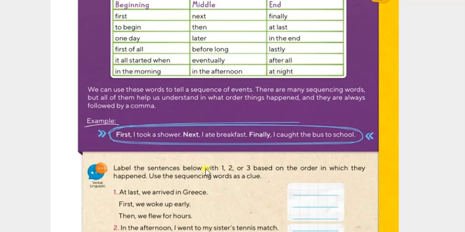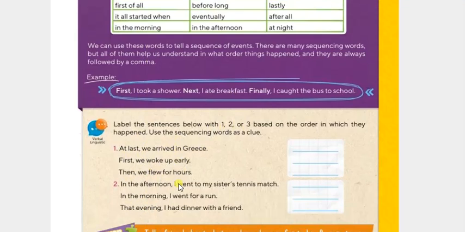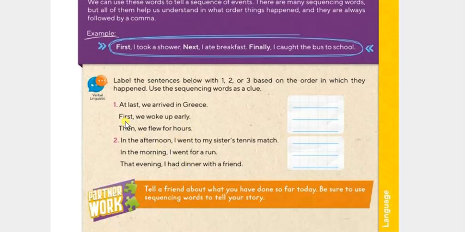So we have to put these sentences in the correct order, and our clues are the words that we are going to use. Check here. Number 1, it says, at last we arrived in Greece. First, we woke up early.